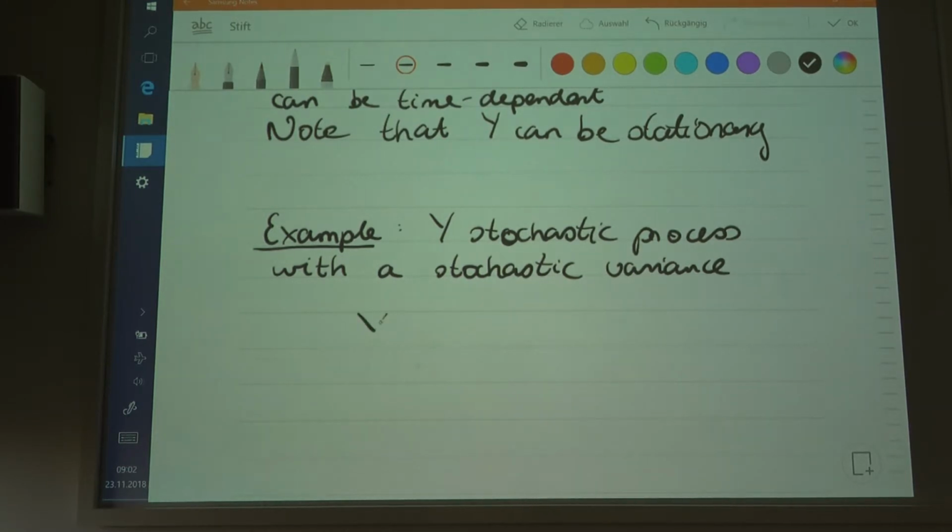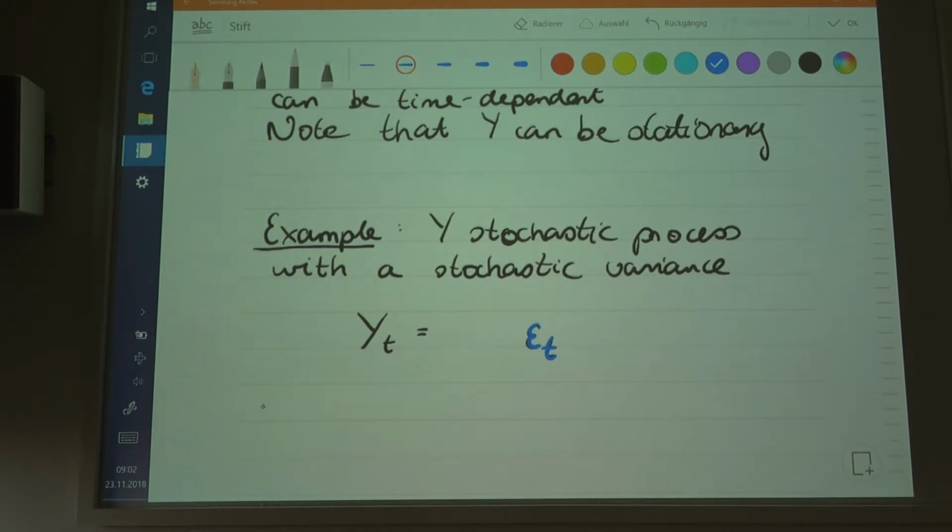So here you have Yt, which will be equal to the noise, epsilon t. This time, the noise is a standard normal white noise, so the variance is equal to 1.